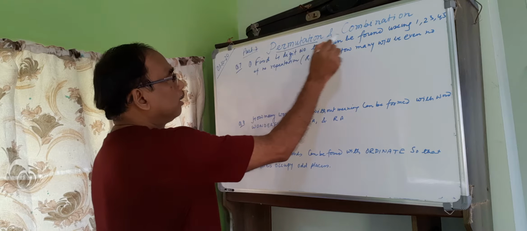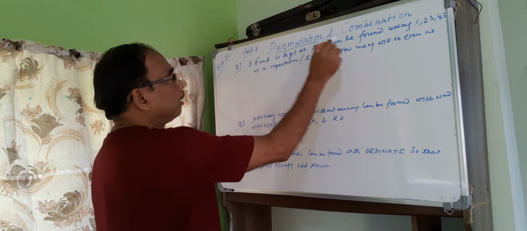So the total number of ways equals 9 into 8 into 7 into 6, that is 3024 ways.